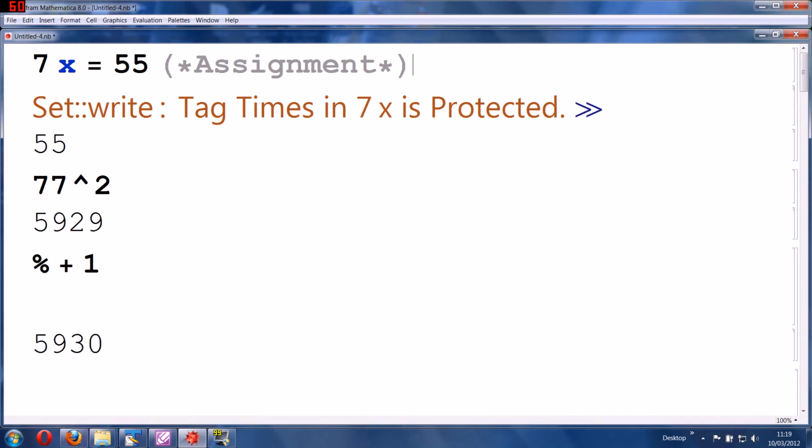So we can do this. 77 squared is 5929, and then when we use the percent sign, we're referring, I believe, to the previous answer. If you use the percent sign twice, you can get the answer before that, and you can also use the line number.